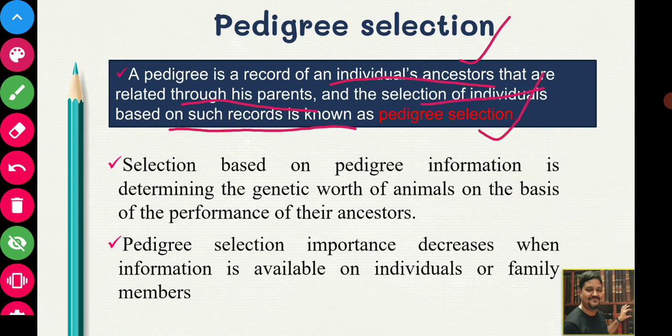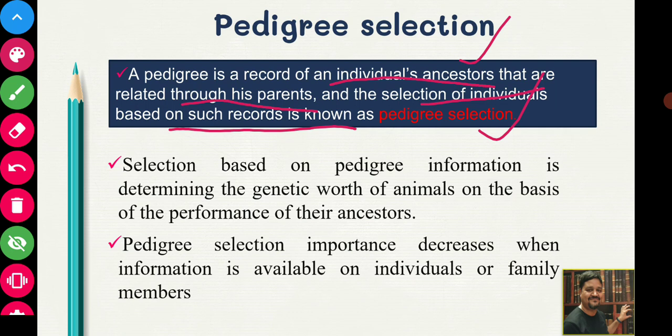What is pedigree? It is the record not of the individual but of the individual's ancestors, those associated with its parents: grandparents, great grandparents, great great grandparents, etc. On the basis of the performance recorded in that pedigree, we select individuals. Such selection is known as pedigree selection.